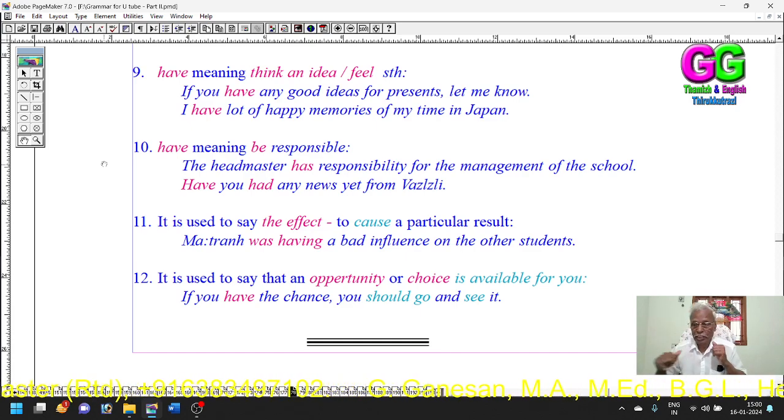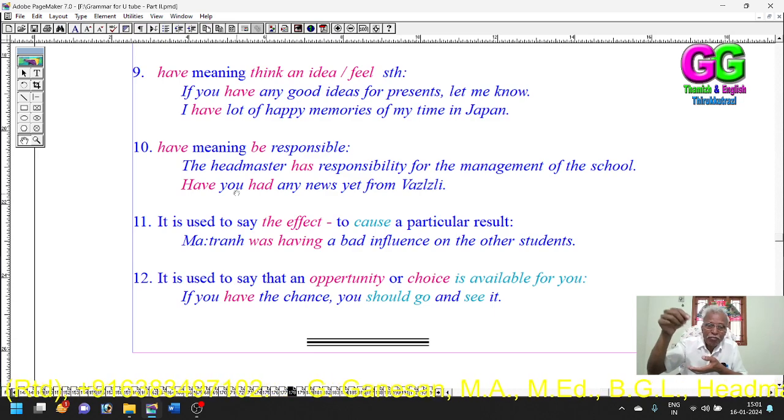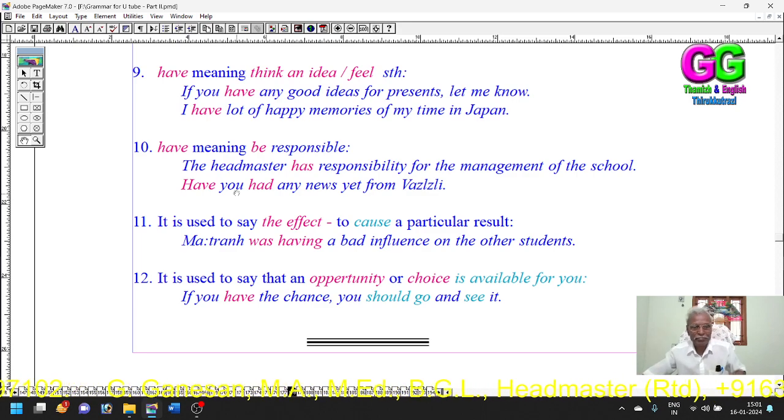The headmaster has responsibility for the management of the school. Have you heard any news yet from Berlin? It is your responsibility. This expresses the meaning of responsibility.